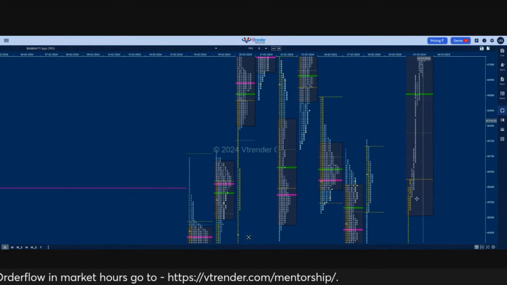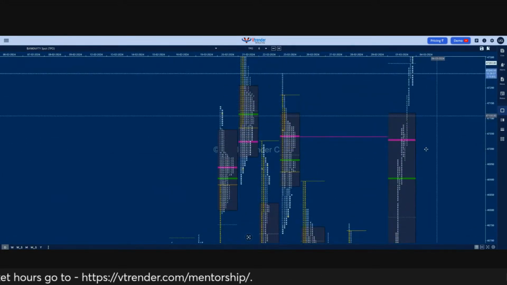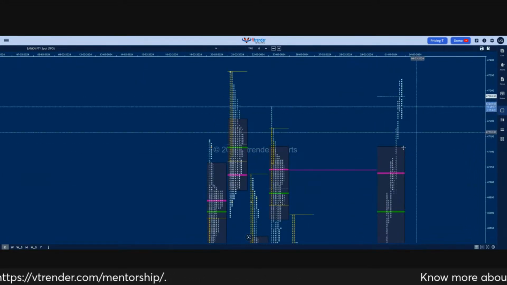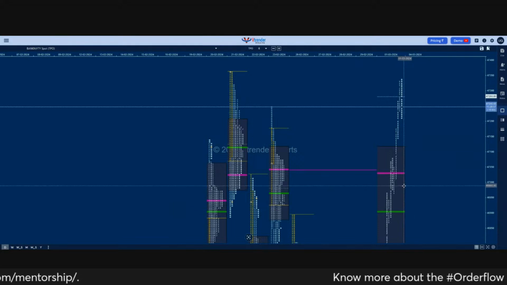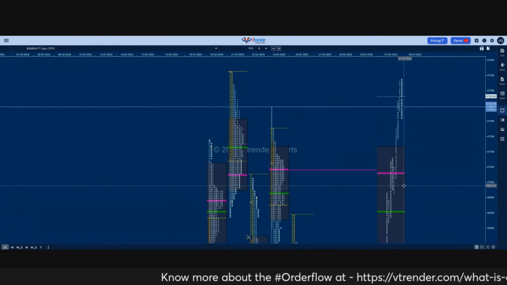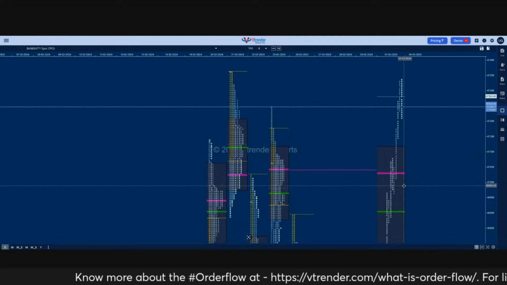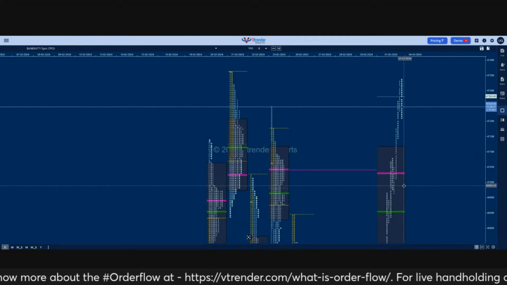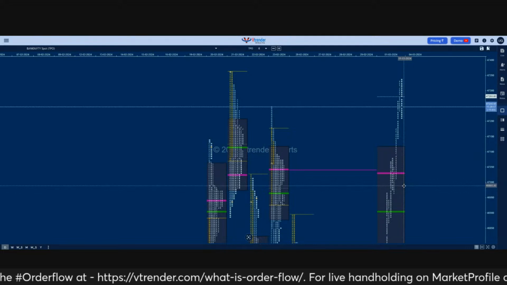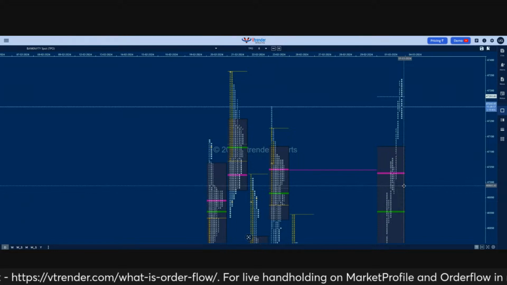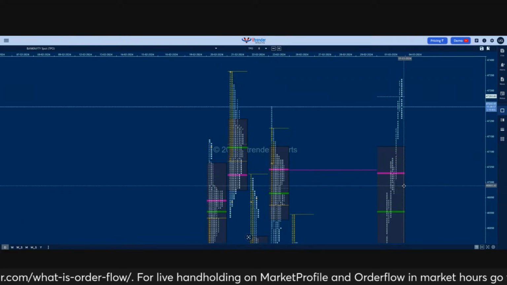So first, on a daily basis we'll have to respect these references and form higher value, and then we will have to make a range extension to the upside after the initial balance. We follow the same process in all time frames until we hit that objective of 48119.